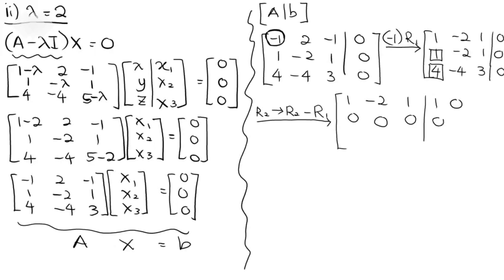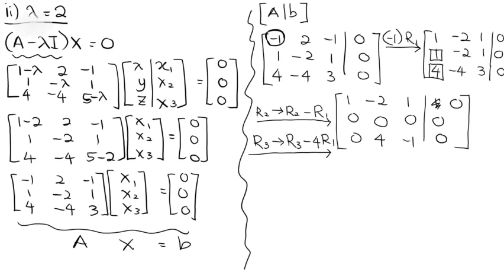Why is this 1 0? Okay, sorry. And then R3 minus 4 R1. So 4 minus 4 is 0, negative 4 minus 4 times negative 2, negative 4 plus 8, so 4. 3 minus 4 is negative 1, 0.